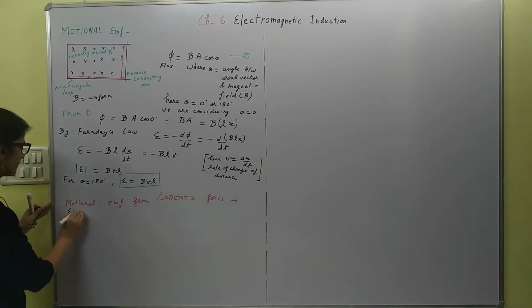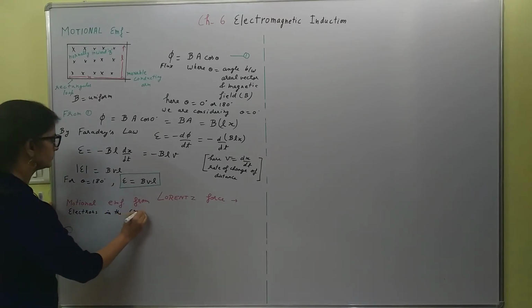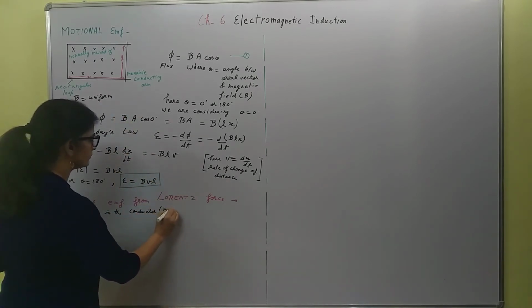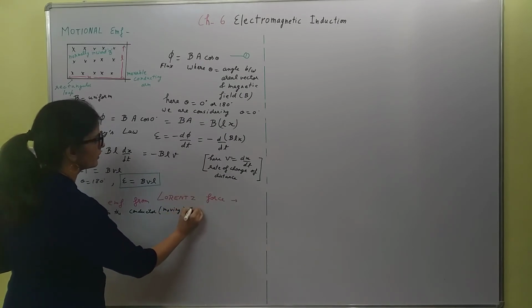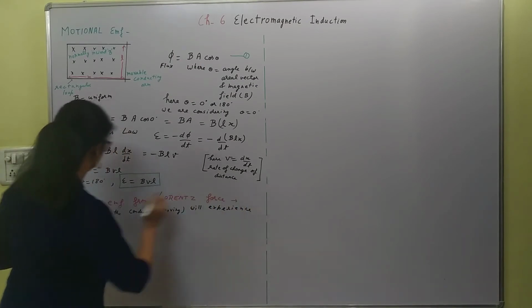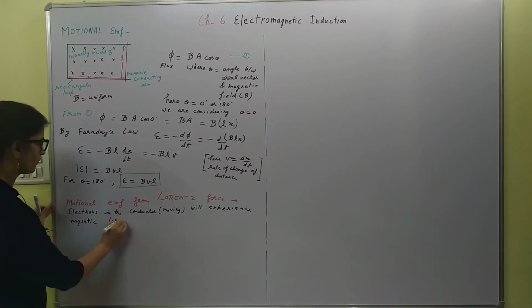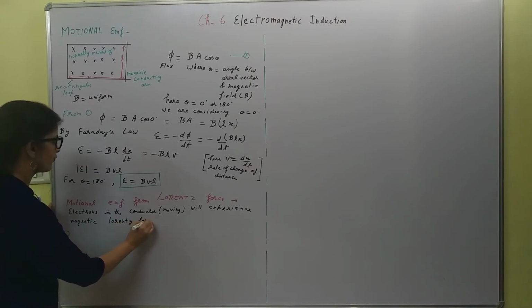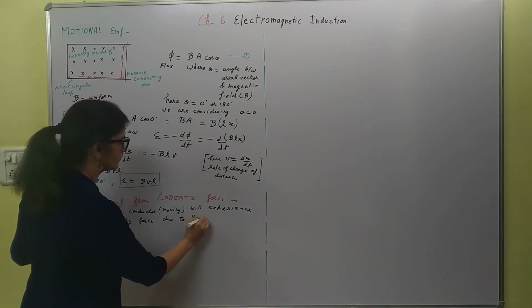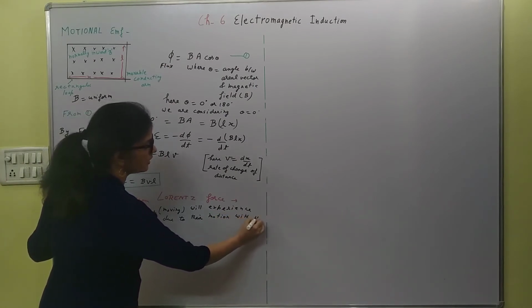So we can mention it: electrons in the moving conductor will experience magnetic Lorentz force due to their motion with the movable rod.